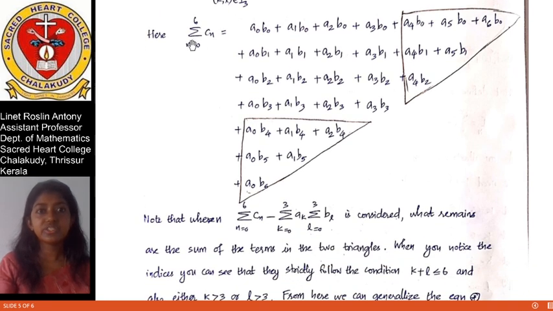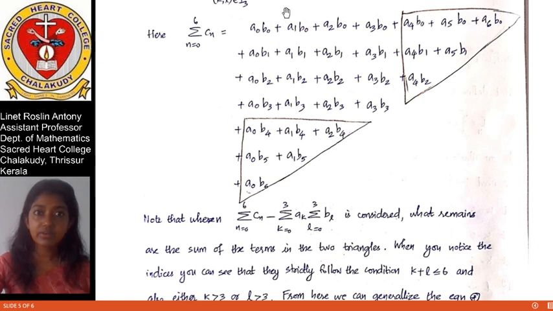Now consider the summation n equal to 0 to 6 of c_n. That is equal to C0 plus C1 plus C2 plus C3 and so on, plus C6. We had earlier spoken about adding the diagonals in the earlier table.